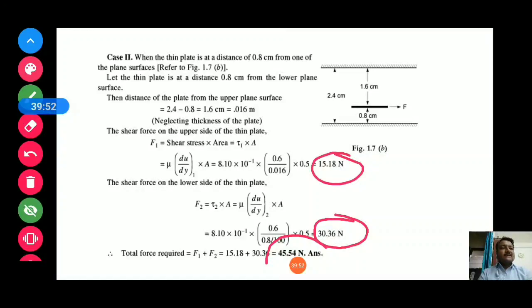From the upper side it is acting as 15.18 Newton and from the lower side it is acting as 30.36 Newton.